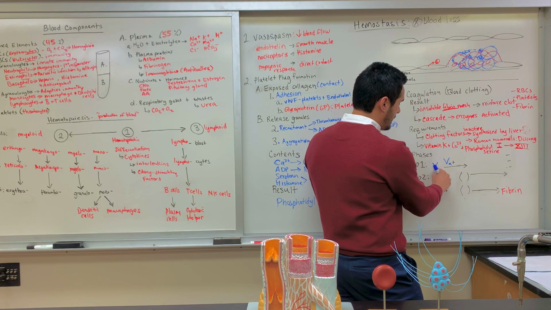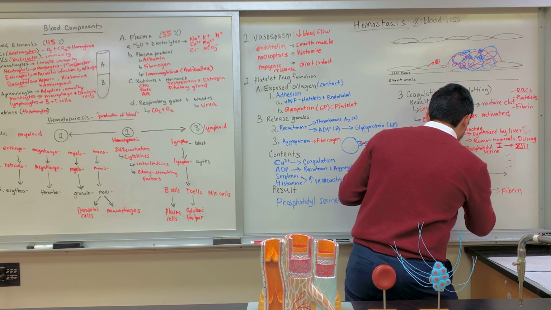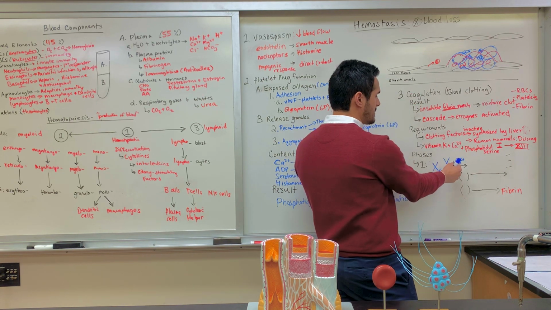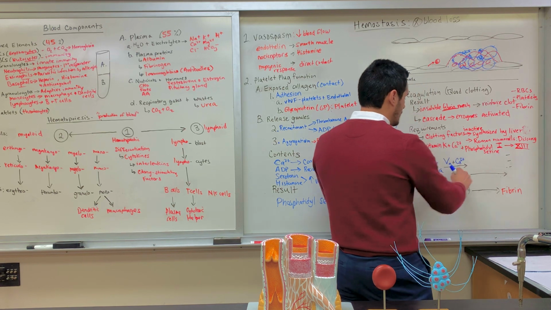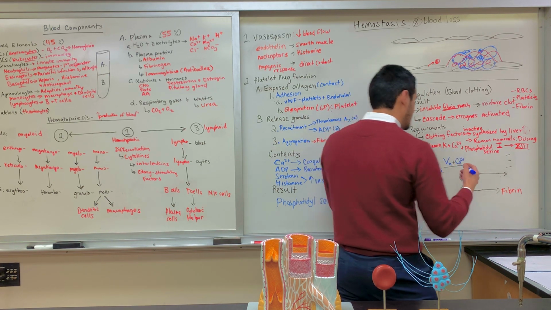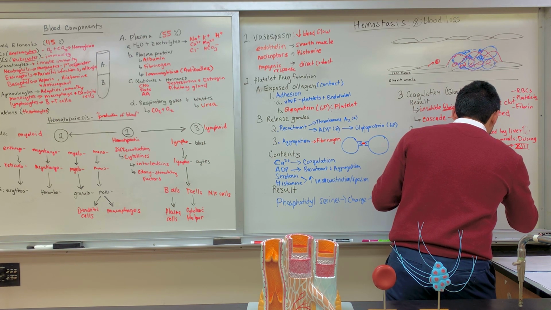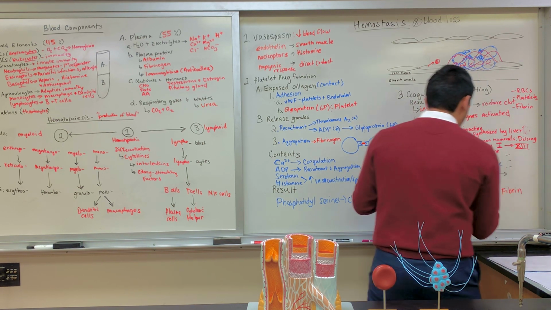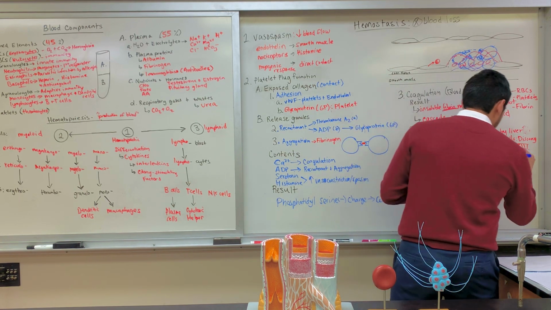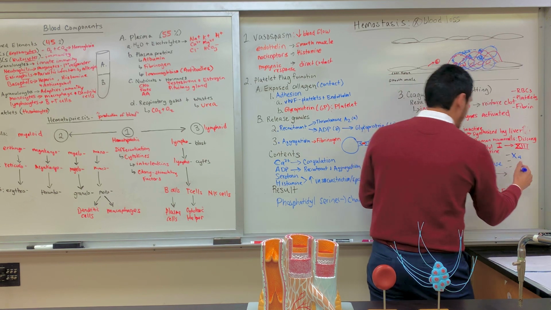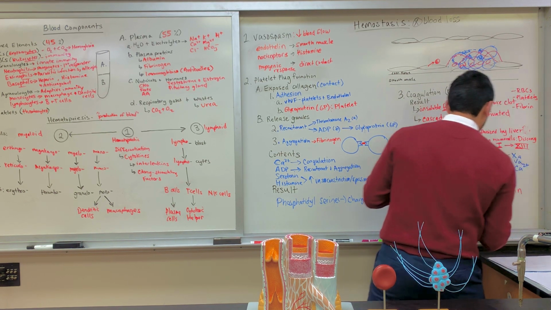So you need 10, cofactor 5, and then you also need calcium. This is a specific example. And what will happen, we get the formation of an enzyme which is known as prothrombinase. Prothrombinase is a complex that contains active factor 10A, factor 5A, as well as calcium.